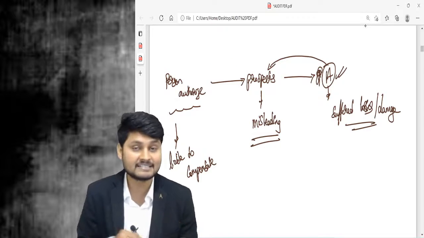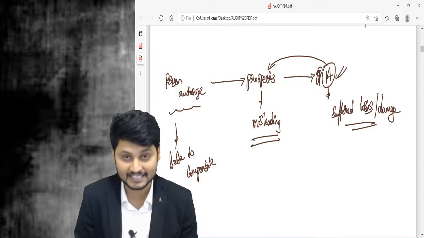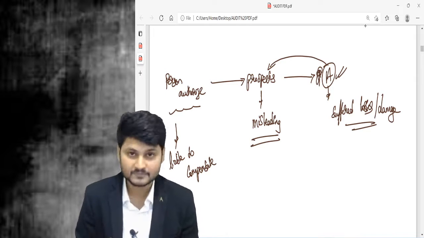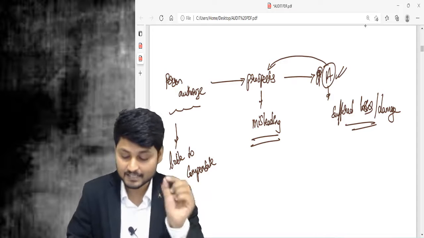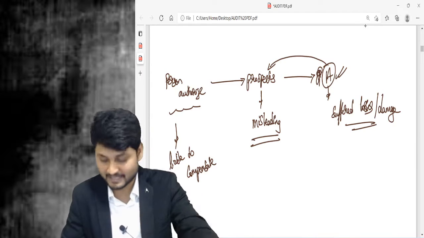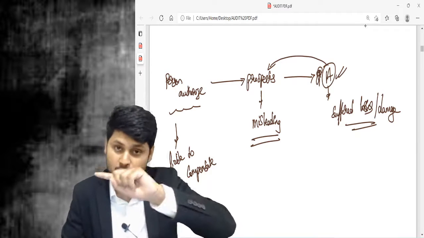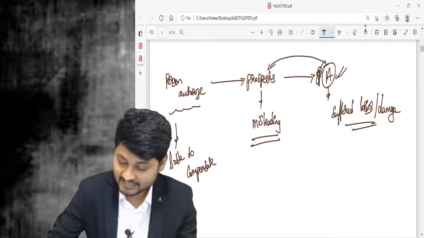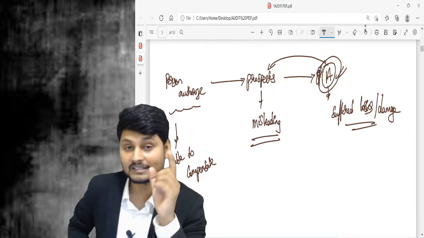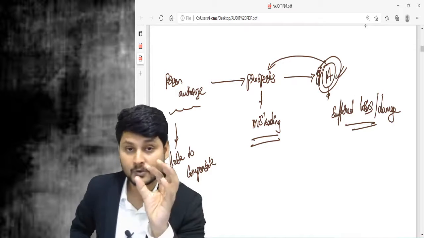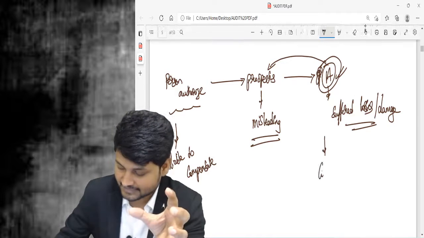Whether the guilty mind is there or not in the person who authorizes it is not an essential condition. The main condition here is that the person authorized the misleading prospectus, and depending upon it, Mr. A has suffered the damages.